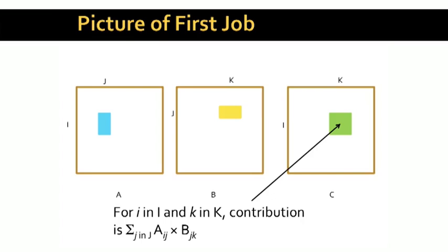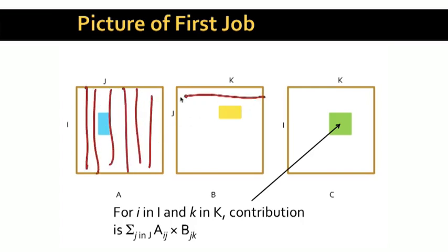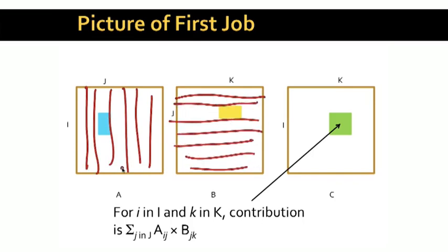That's not enough to get the entire sum for the output element Cik, but if we divide the columns of the first matrix and the rows of the second matrix into groups, let's say like this, then there will be a lot of blue rectangles with the same set of rows I, sort of these.